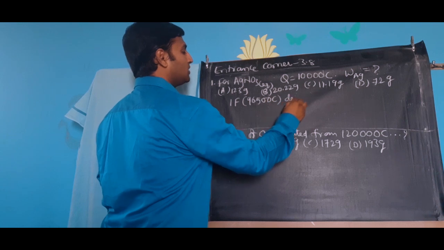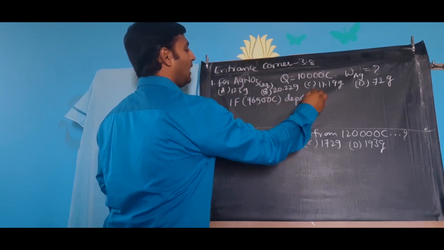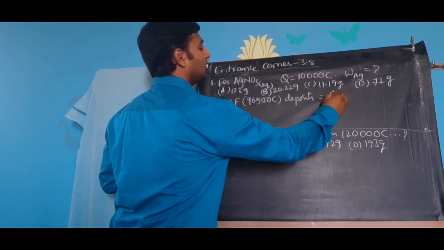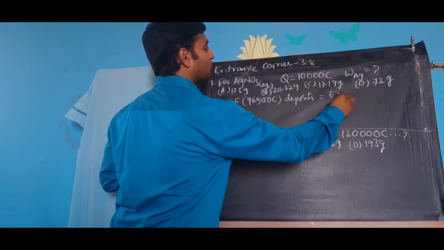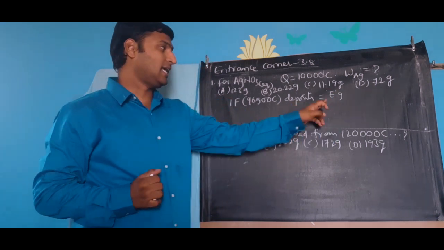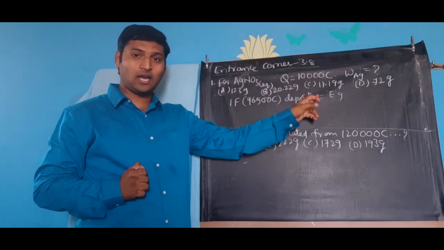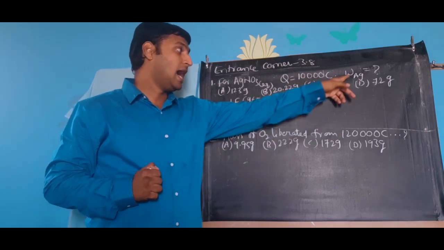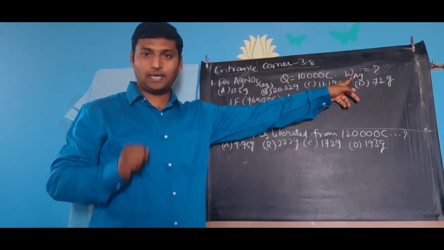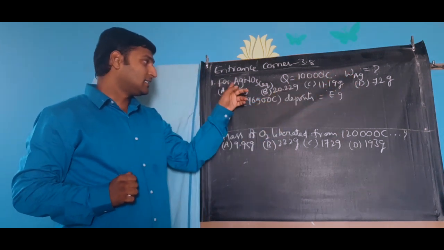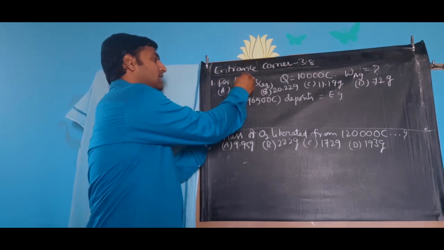96,500 coulombs, deposits or liberates E grams of a substance, where E is the equivalent mass of the substance. Now, atomic mass of silver is 108 and in silver nitrate, its valency is 1.